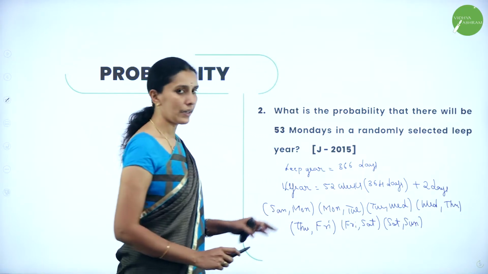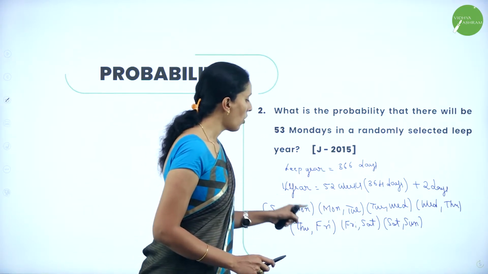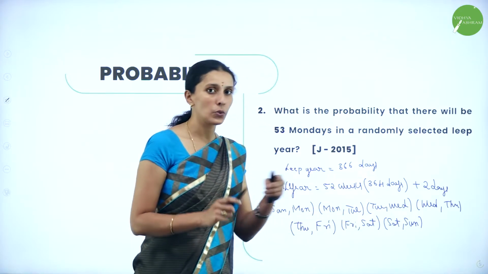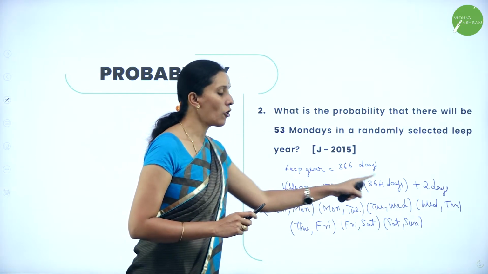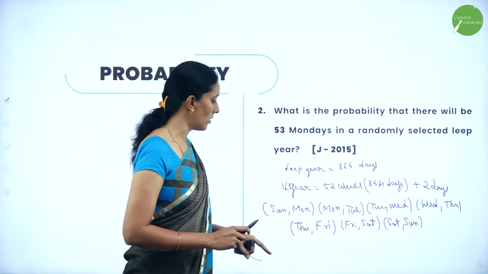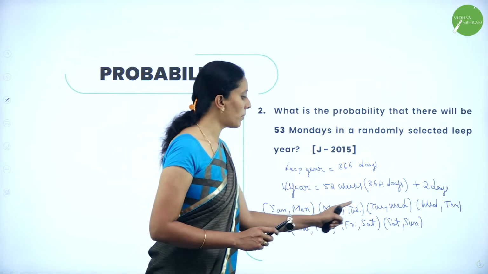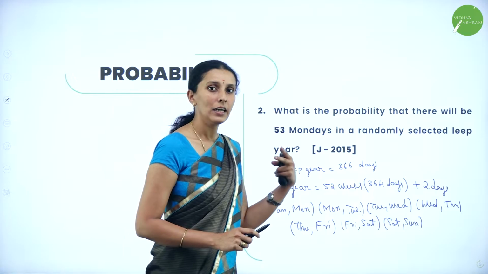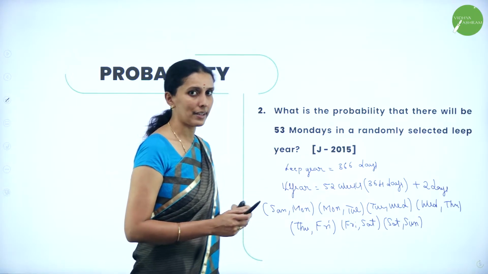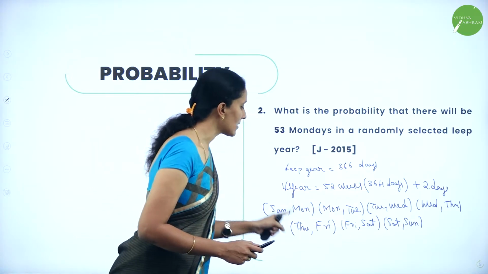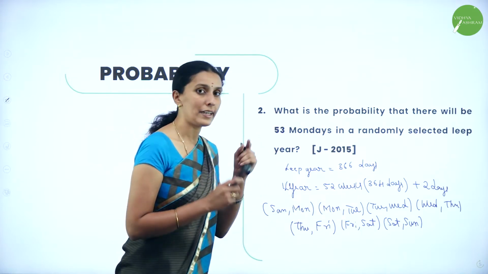So you have all these cases. The remaining 2 days may be any one of the forms written here. So you have 7 possibilities for the next consecutive days. But from the 7 cases, you have 2 cases of getting Monday.